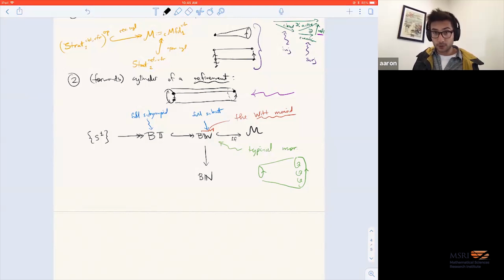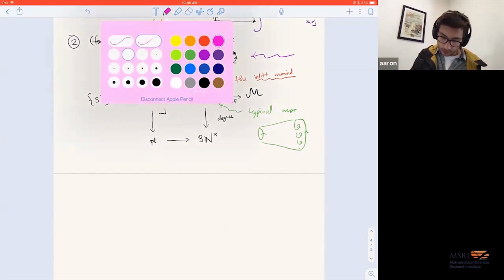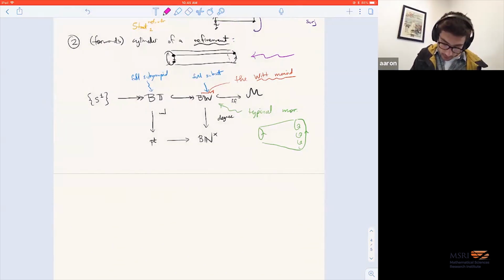And degrees are multiplicative, so I'll write N cross. So N cross is a monoid. And there's this degree function. And well, look, the morphisms of degree 1 are exactly the equivalences. So in fact, this is a pullback right here. And that pullback witnesses W, this Witt monoid, as the semi-direct product of N cross acting on the circle group.